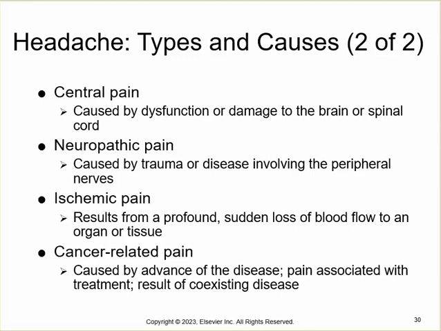So that would be considered like central pain. Neuropathic pain is neuropathies caused by something involving the peripheral nerves, trauma or disease. Oftentimes, people with diabetes, because that affects the small blood vessels in the periphery, get ischemia and end up with neuropathic pain along that.